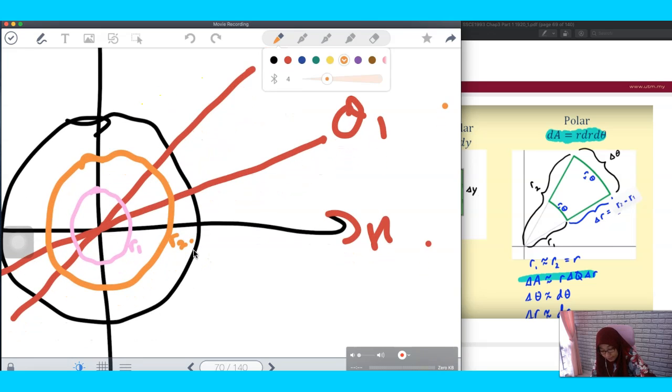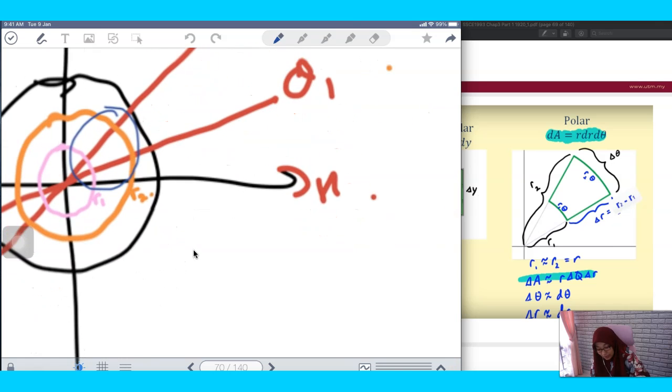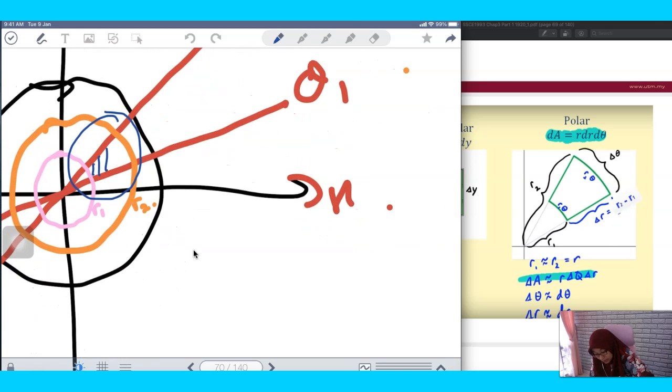So we have a wedge here. Now we take out that wedge. So this is our region R, bounded by two lines, where the straight lines tell you the angle. Okay, you remember that?